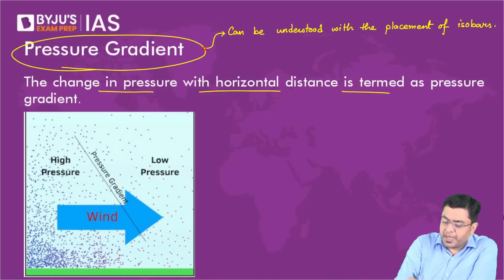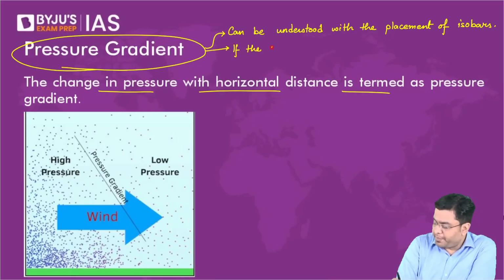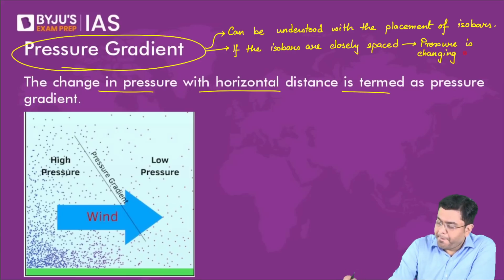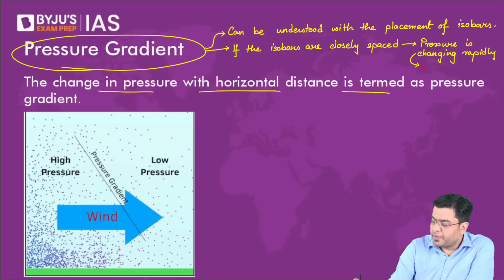So if the pressure gradient is high, or rather, if the isobars are closely spaced, it means pressure is changing rapidly, which means we have a high pressure gradient.